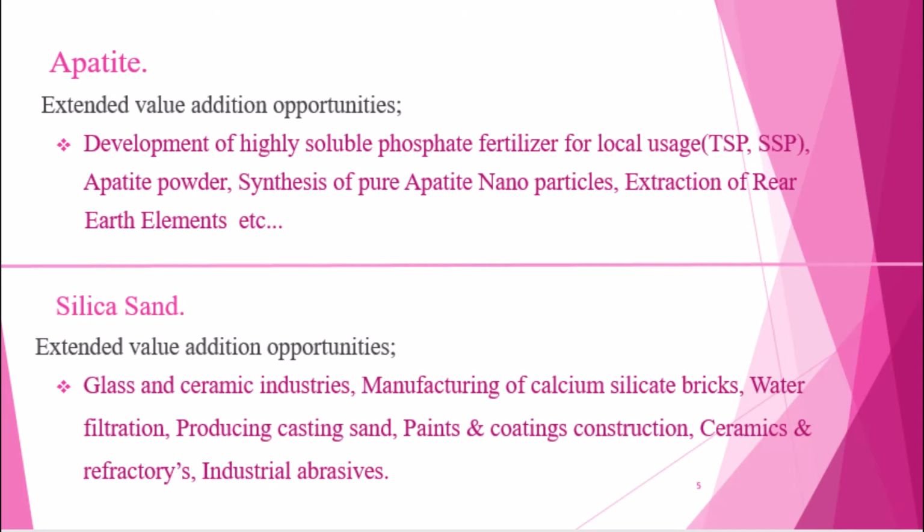Whatever value addition we do, we have to think about the environmental issues. Once we are doing processing, we have to use minimum environmental damage methodologies. We can't do zero, but we have to minimize environmental pollution.